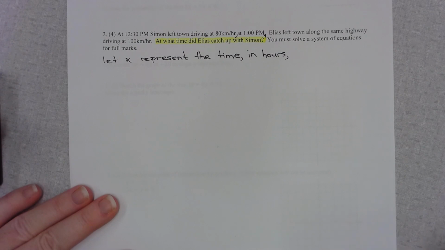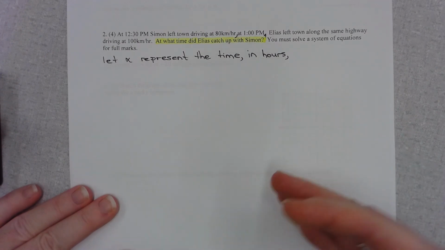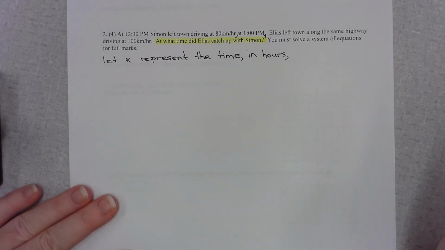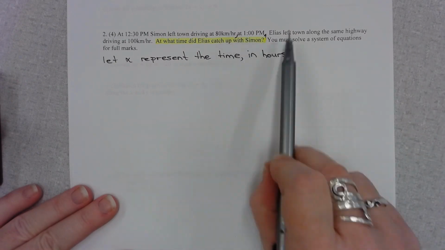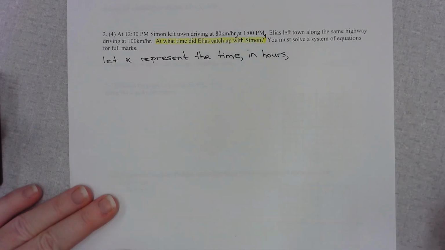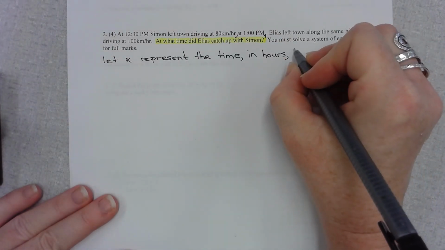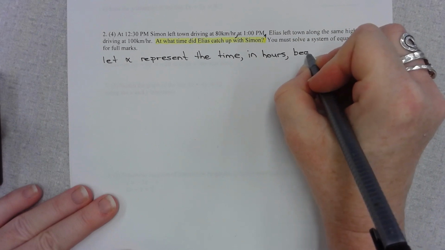So we want to start counting this at either 12:30 or 1 o'clock, and then we can see how many hours it takes. Either works, but what I like to do is the later one because it makes the equations a little easier to solve. So I'm going to say let x represent the time in hours beginning at 1 o'clock p.m.